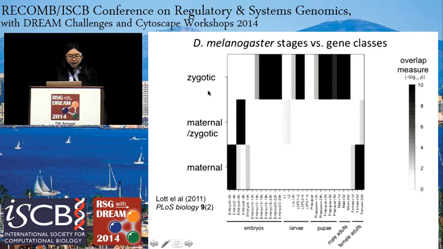It divides the fly genes into 3 categories: zygotic, maternal zygotic, and maternal expressed genes. And then we check how our stage-associated genes are mapping to these 3 classes. We see that most of the maternal and maternal zygotic genes are enriched in our early embryonic stages and female adult stages. So this is the reason that we see that mapping.